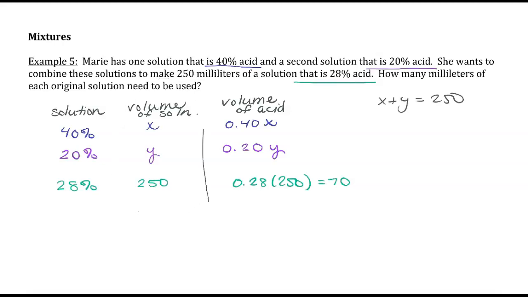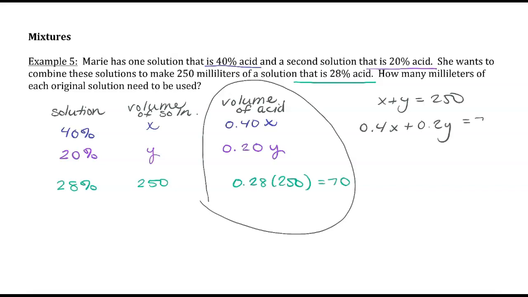Next, we'll look at our third column. 0.4 times x tells us how much acid is going to come from the 40% solution. 0.2 times y tells us how much acid we're going to get from the 20% solution. And we're going to end up with a total of 70 milliliters of acid in our resulting solution. So we can set up this equation as 0.4x plus 0.2y equals 70. And now we have two linear equations with two variables.